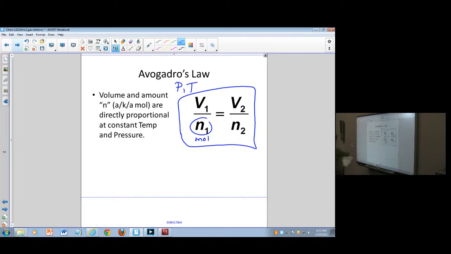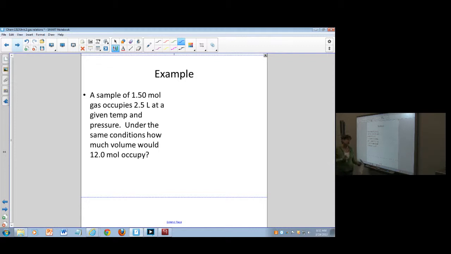All right, so let's do a problem. Like always, be sure and set up everything so that you can see in a table what you're dealing with. So we have a volume for the first, V1 is a 1.5, oops, that's the amount.